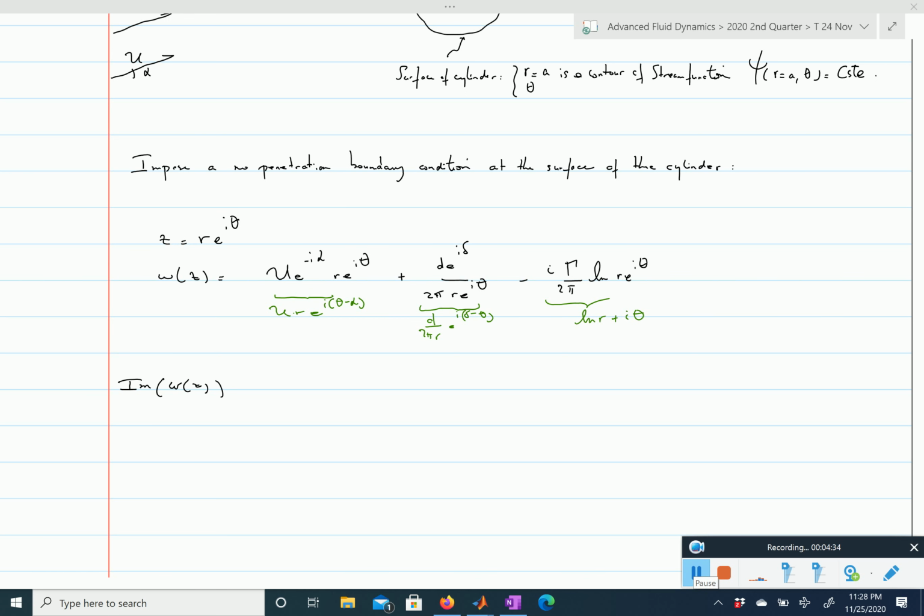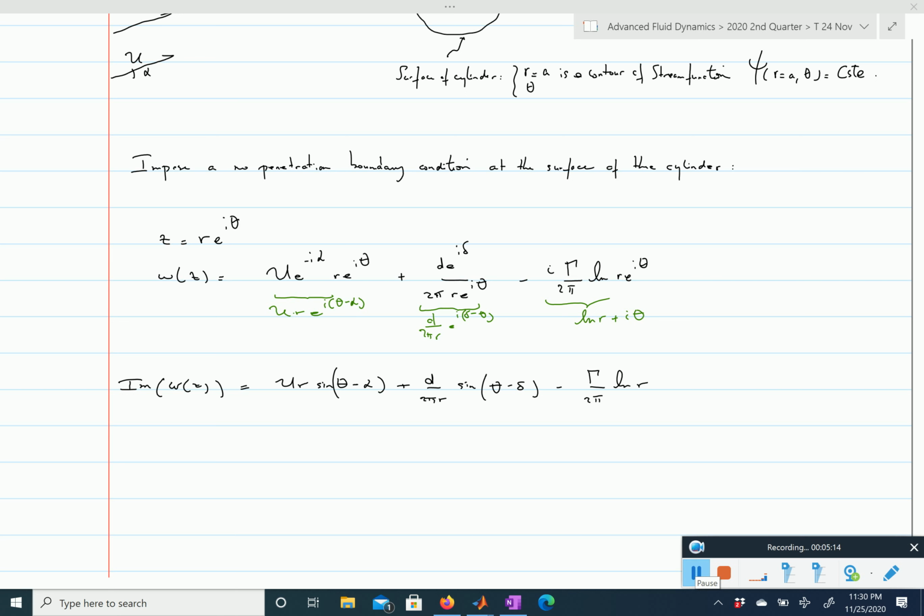So we have to look at the imaginary part of this complex potential. The imaginary part of that is just U r times sine of theta minus alpha, plus the imaginary part of the dipole term, which is D divided by 2 pi r times sine of delta minus theta. And finally, the imaginary part of the complex potential associated with the irrotational vortex is just minus gamma log of r divided by 2 pi.